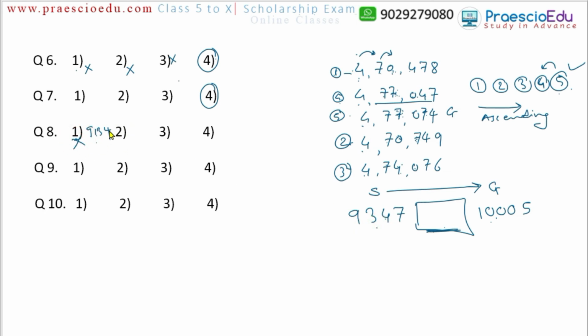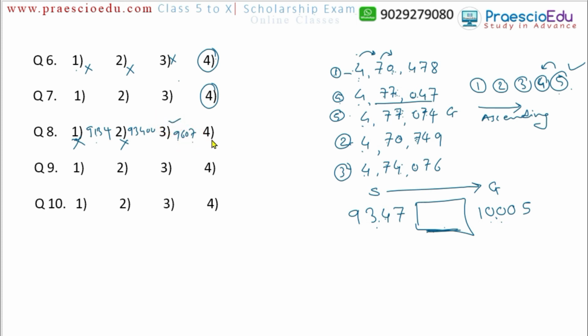For option number 2, 93,400. So 93,000 is also greater than our greater digits. So this one should not be. Then the third number, 9,607. So this is greater than this one, so it may be, and this is also smaller than this one. So this is possible.